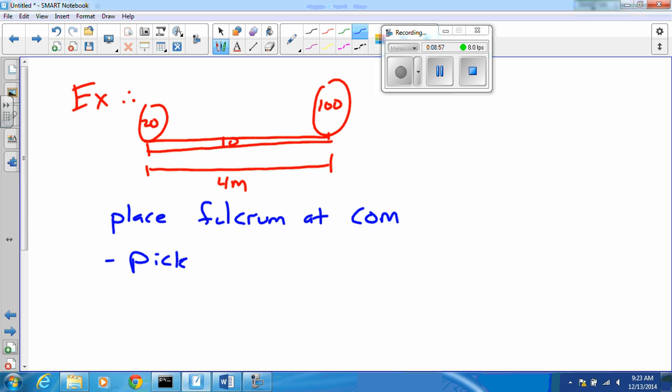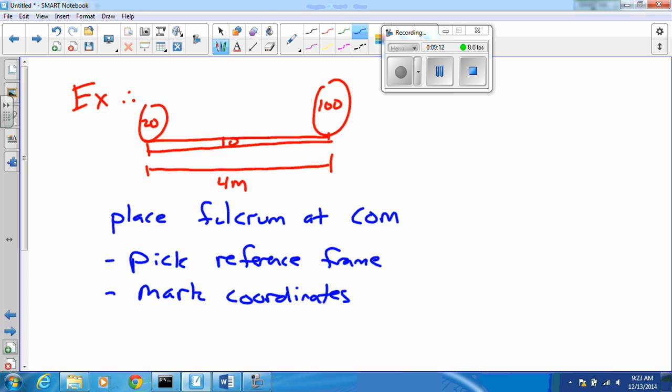To do this, we're going to use a familiar procedure. We're going to pick a reference frame, that is, an origin and a direction to be positive. And we're going to mark up coordinates.